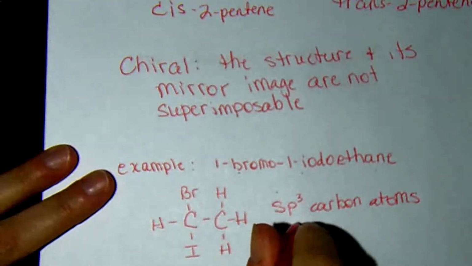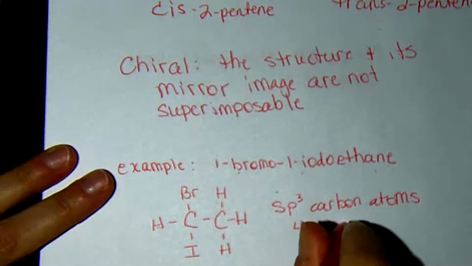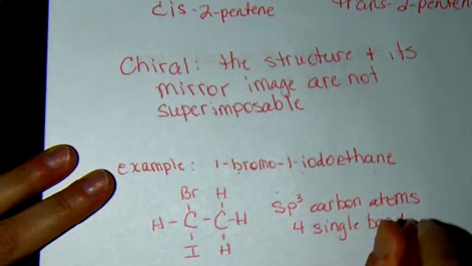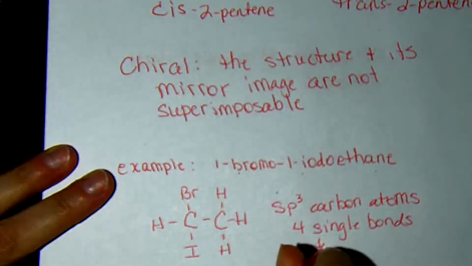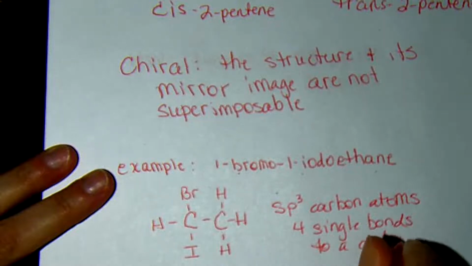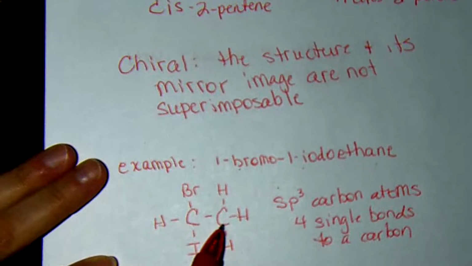Because they're sp3, you'll have 4 single bonds to a carbon. Okay, so this has 4 single bonds and this has 4 single bonds.